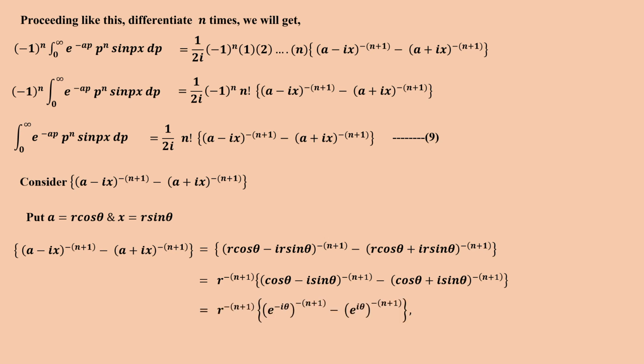So r^(-(n+1)) into (cos θ - i sin θ) can be written as (e^(-iθ))^(-(n+1)) - (e^(iθ))^(-(n+1)), because we know cos θ ± i sin θ is equal to e^(±iθ). That is equal to r^(-(n+1)) [e^(i(n+1)θ) - e^(-i(n+1)θ)].